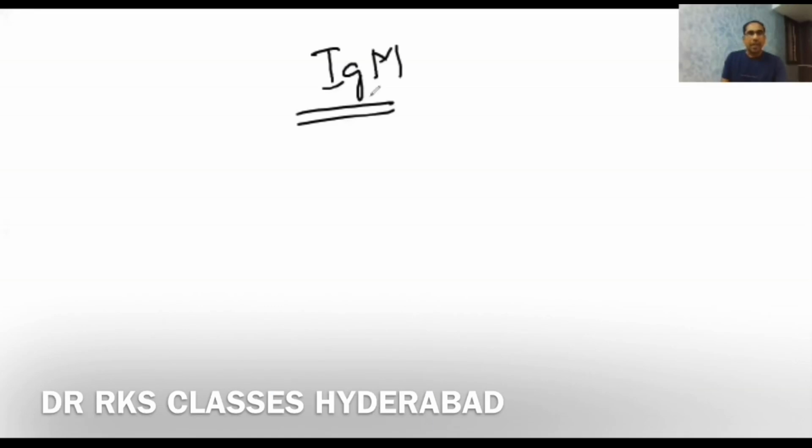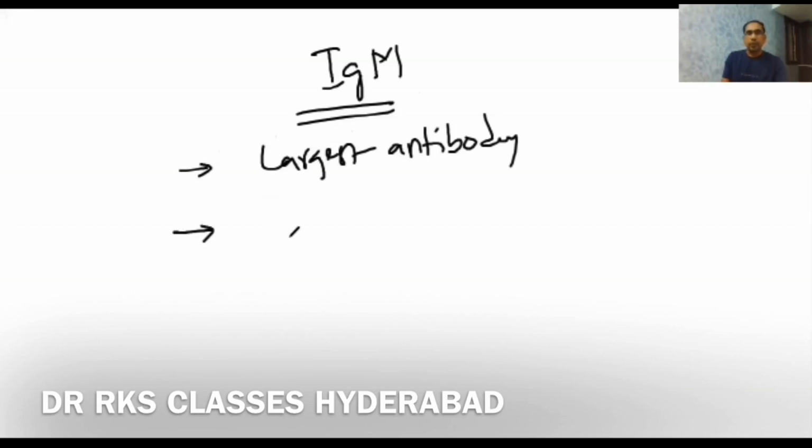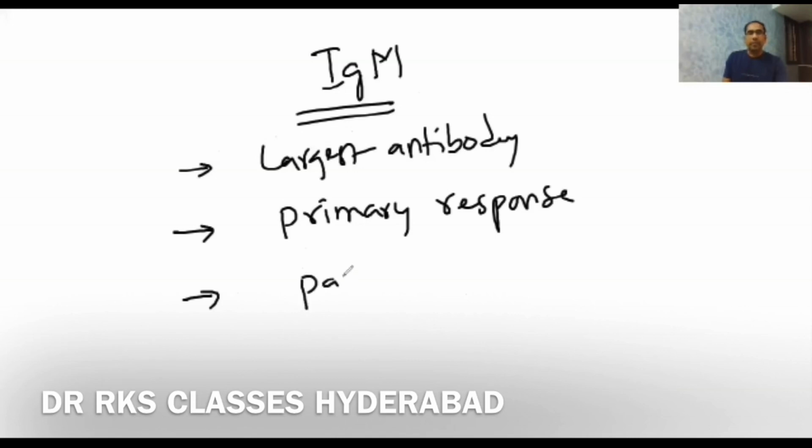First, IgM. This is the largest antibody. It is generally formed at the time of primary infection, and this is a pentamer.